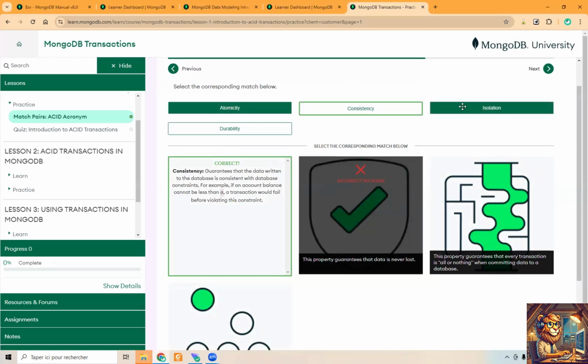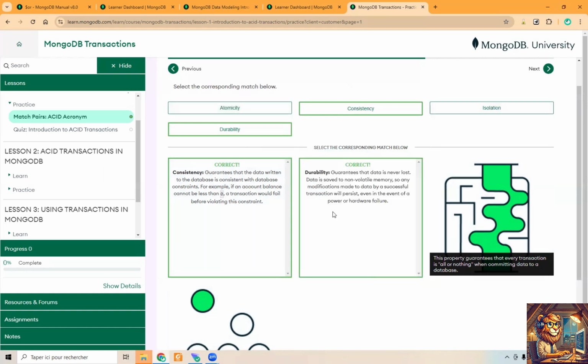Or isolation. Or never lost, could be durability. Oh, yeah. So, okay, data is saved in non-volatile memory. So any modifications made to data by a successful transaction will persist, even in the event of a power or hardware failure.